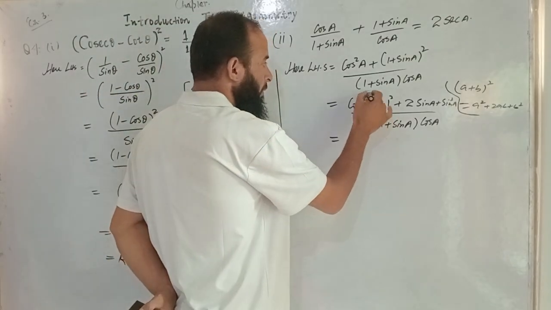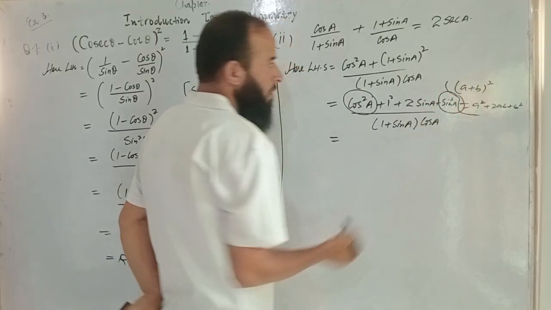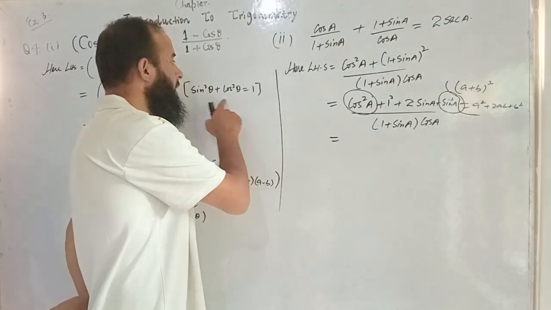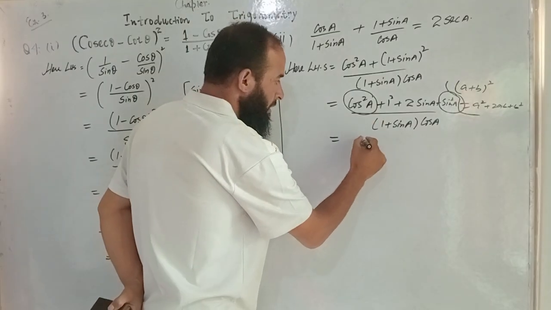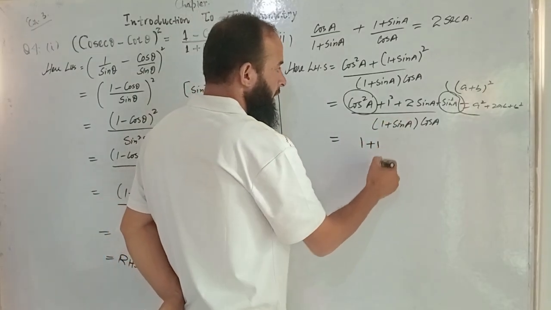So here we have cos square A plus sin square A; instead of this we will write 1. Then we have 1 square, that is 1.